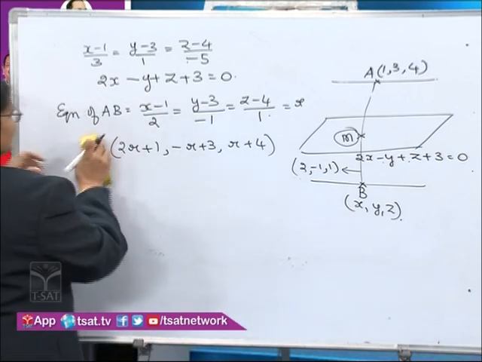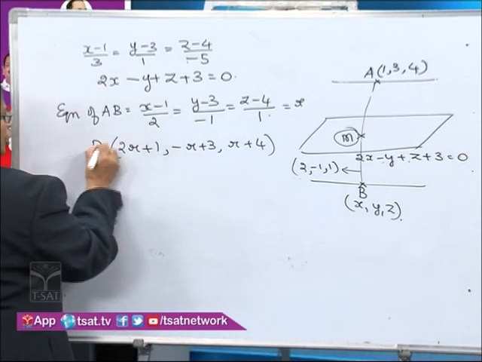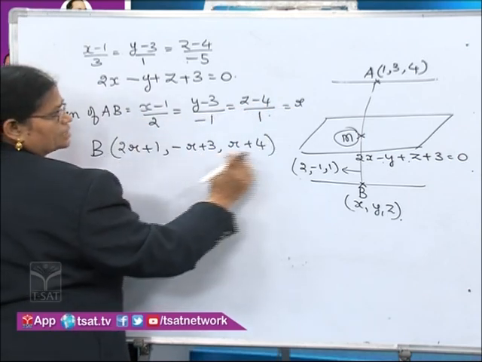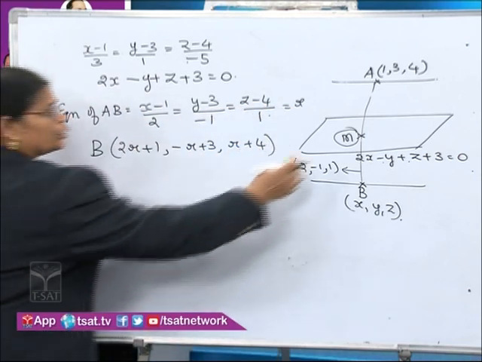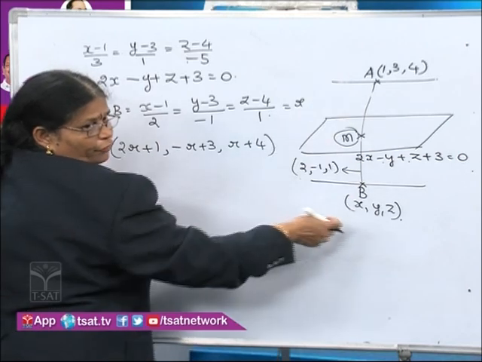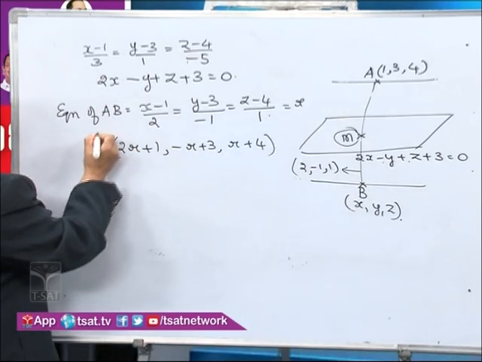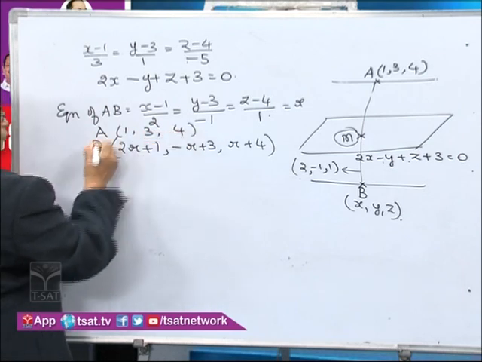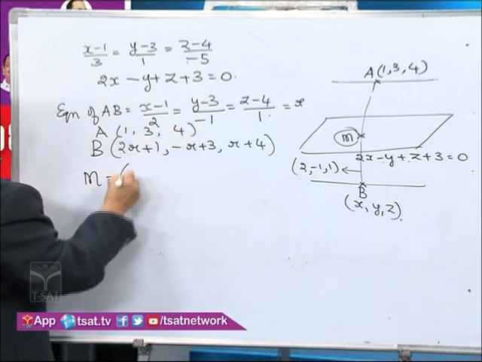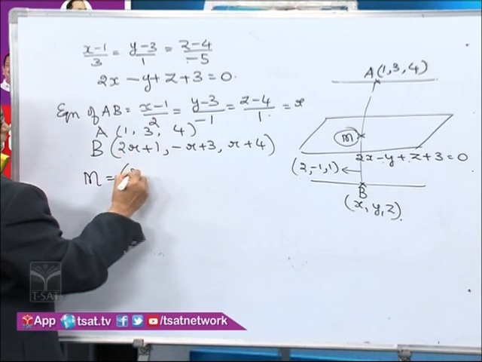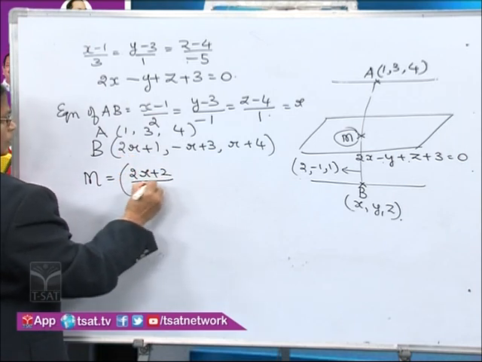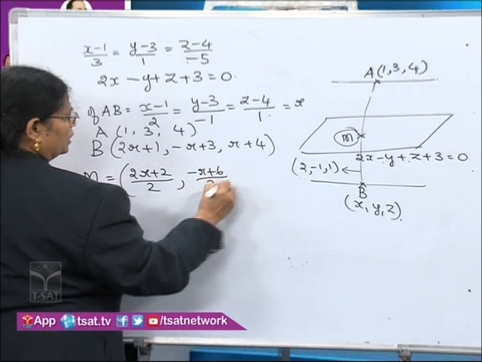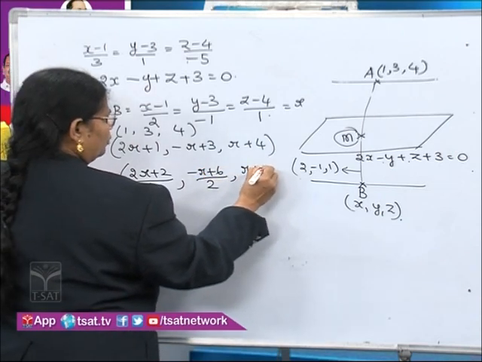First let me write the B point: x is 2r + 1, y is -r + 3 and z is r + 4. To get M, we will use the midpoint formula. M is the midpoint of AB. A point is (1, 3, 4). So I want the midpoint of AB, which is (x1 + x2)/2, (y1 + y2)/2 and (z1 + z2)/2.